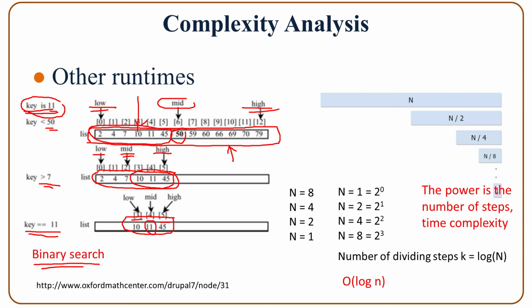So if the size of the array, let's say n, is equal to 8, then in the second step, we have half of it left. So n is 4, and then n is 2, and then n is 1.